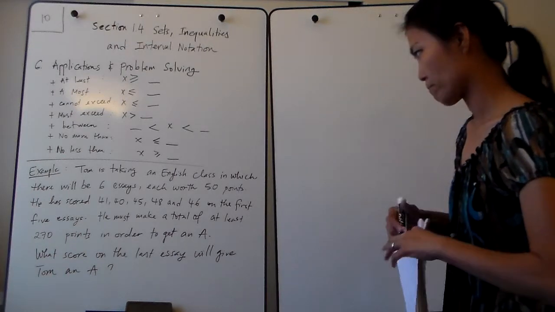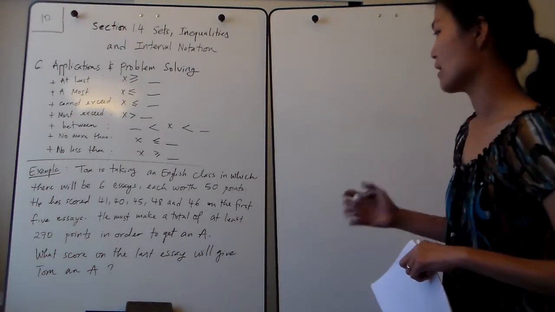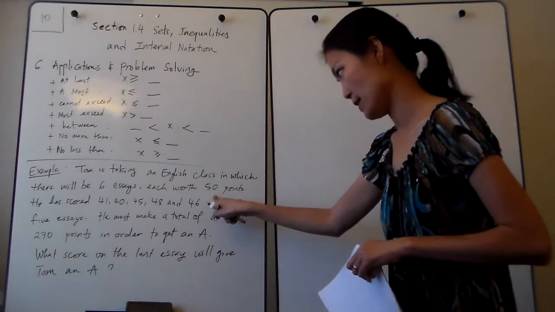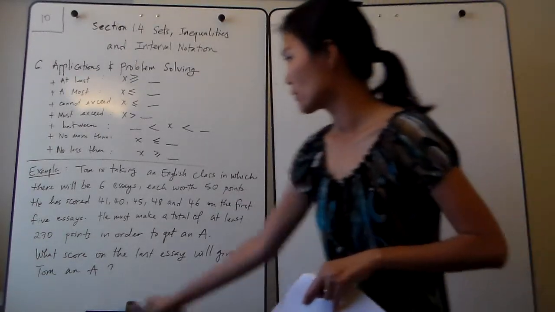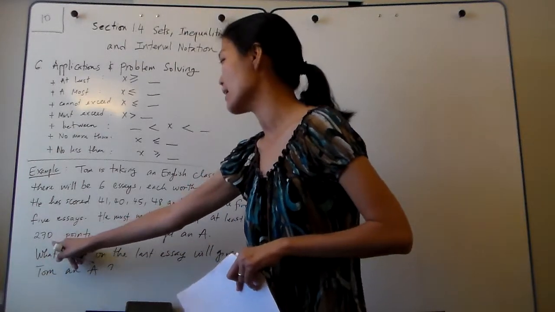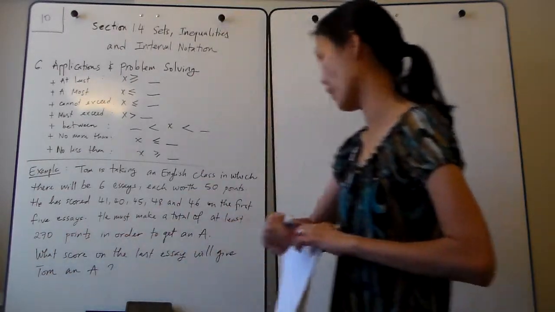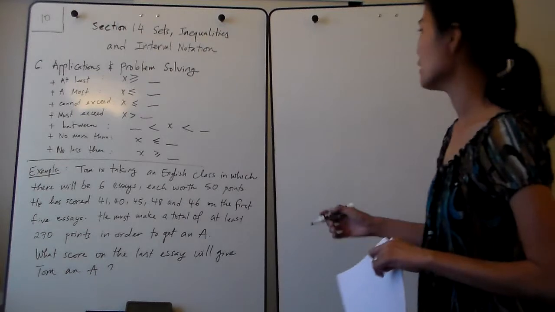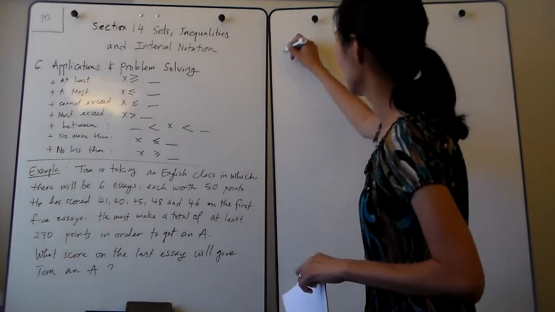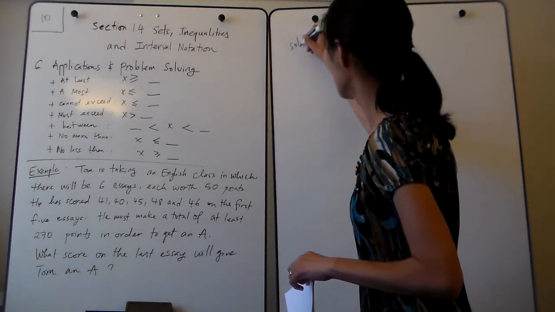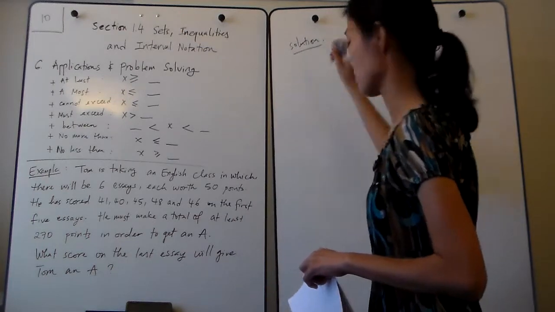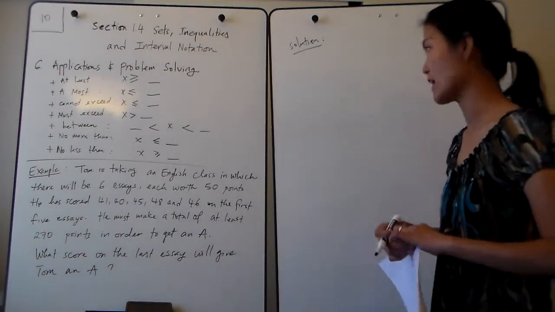Now, each essay is worth 50 points, right? So to maintain an A, he must have at least 270 points. So we need to solve for the last essay score. We need to find his score for the last essay.